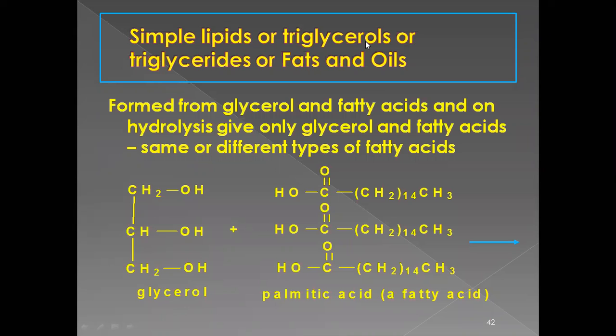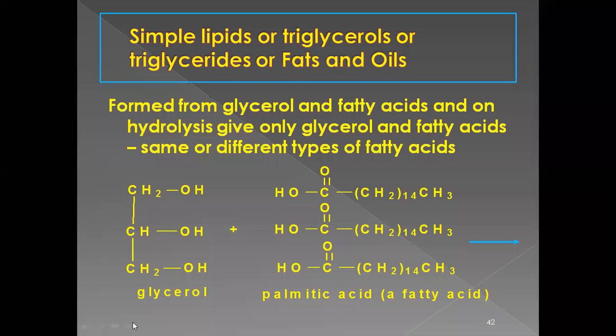That means triglycerides vary depending on whether the same type or different types of fatty acids are in their structure. Upon hydrolysis, they form one molecule of glycerol and three molecules of fatty acid. These fatty acids may be the same or different.